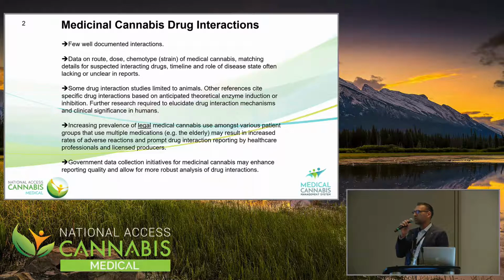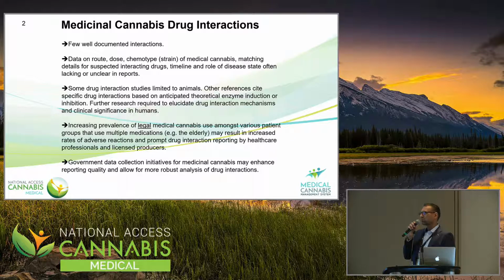So we have a limited number of documented interactions. The other thing is a lot of these interactions, when you start researching them, have no information on the route, on the dose, on the chemotype. You have mismatching information, and then there's this whole question of whether the effect that is being seen is due to a disease, or is it due to the drug.